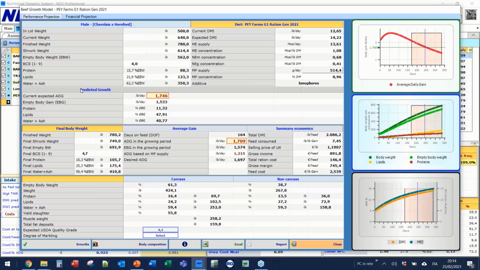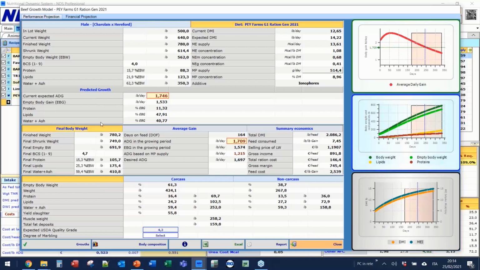Then we have the predicted growth at this stage of growth, right now, feeding exactly this diet. The expected growth is 1.75 versus 1.60, 1.7 that is what we observed, empty body gain, and the composition of the gain.